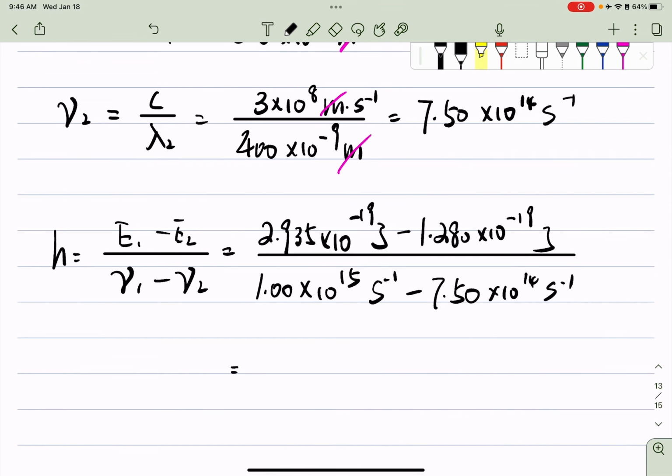If you have a calculator, you can plug in the numbers, and what we're getting is about 6.62 times 10 to the negative 34 joule second. And we all know what the Planck constant is. It's about 6.626 times 10 to the negative 34, and we're happy here.